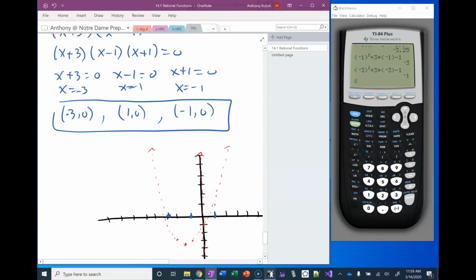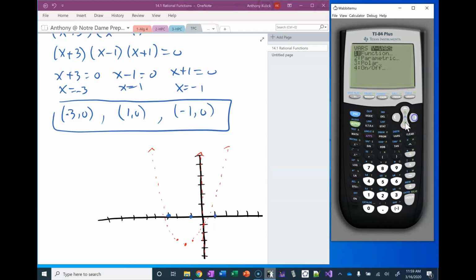Okay. So what I need to check for now is what's happening near this asymptote. So I'll go and I'll type this guy in. So I have x to the 3rd plus 3x squared minus x minus 3 over x.